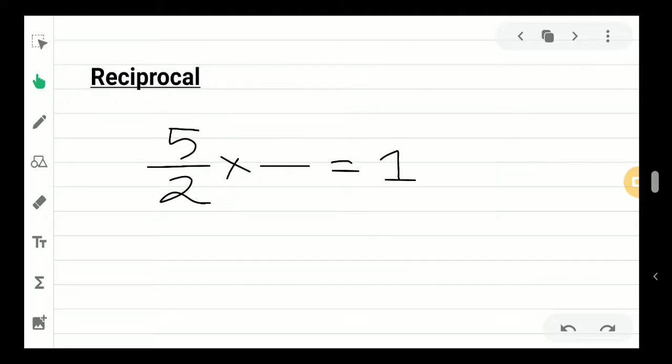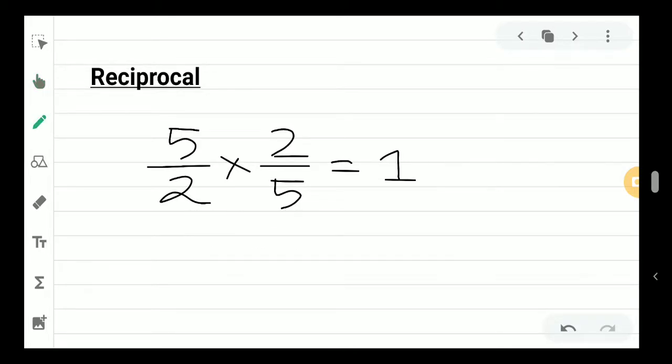So to cancel this 5, we must keep a 5 here, so that this 5 and this 5 get cancelled. Similarly, if we put another 2 here, this 2 and 2 will also be cancelled, and only 1 will remain, right? So the reciprocal of 5 by 2 is 2 by 5. Similarly, the reciprocal of 2 by 5 is 5 by 2.